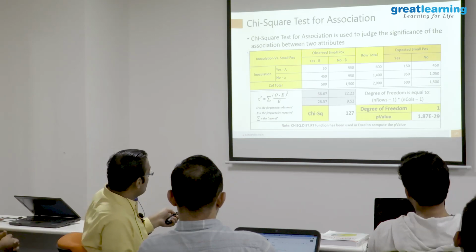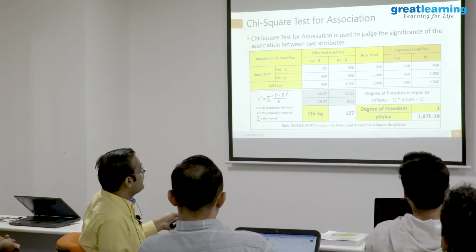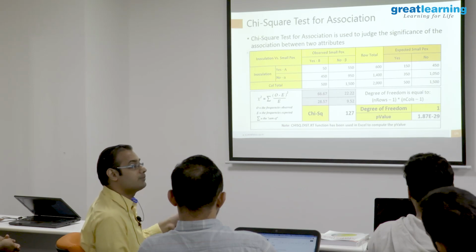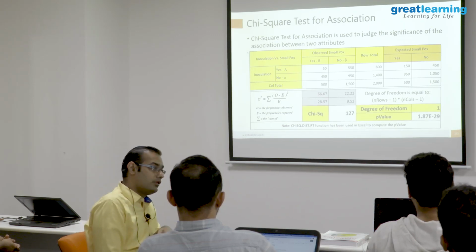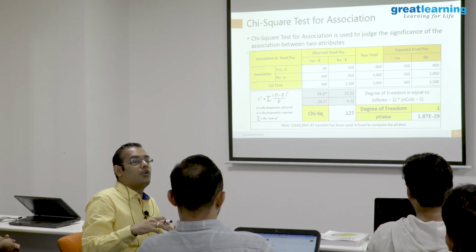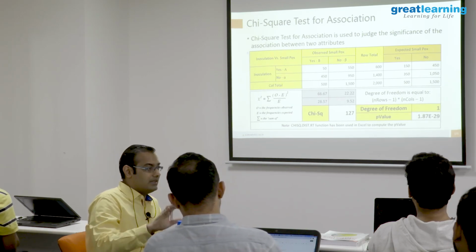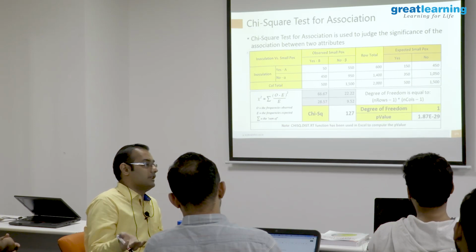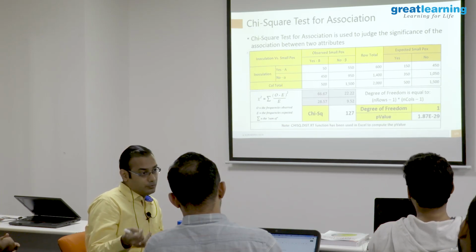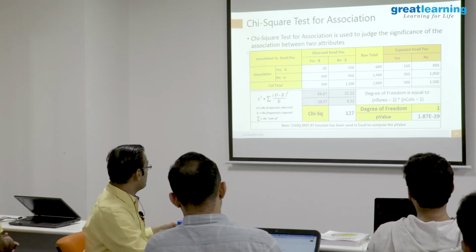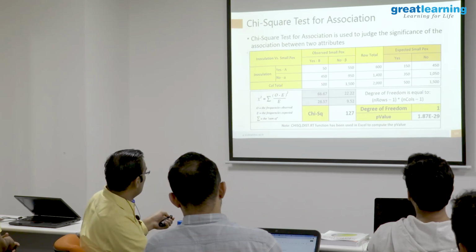I have to now compute the expected matrix. How would the expected matrix look if there was no difference between smallpox occurrence in a vaccinated segment versus non-vaccinated segment? To compute the difference, I first see the grand total.